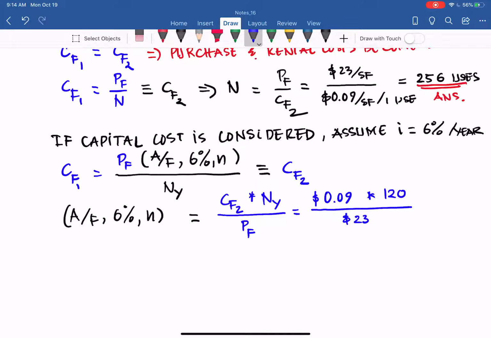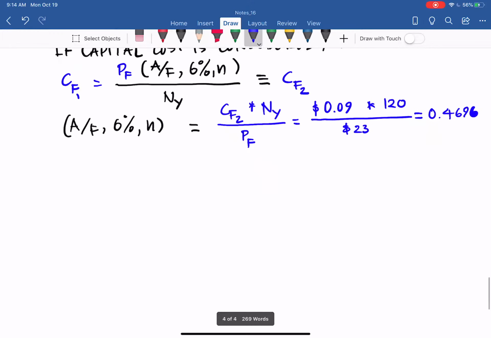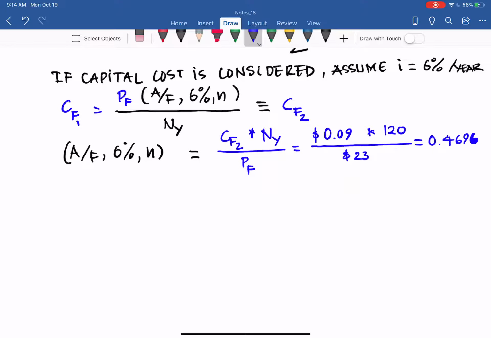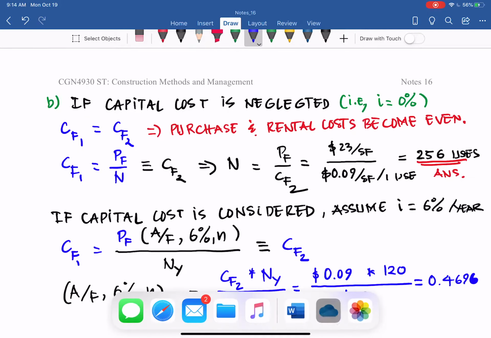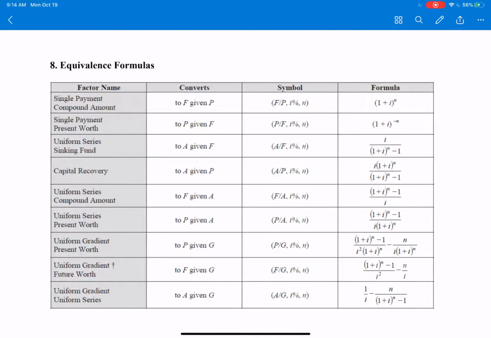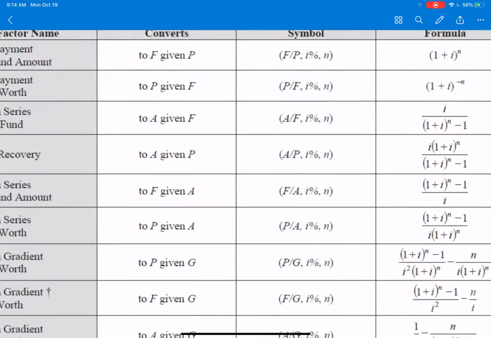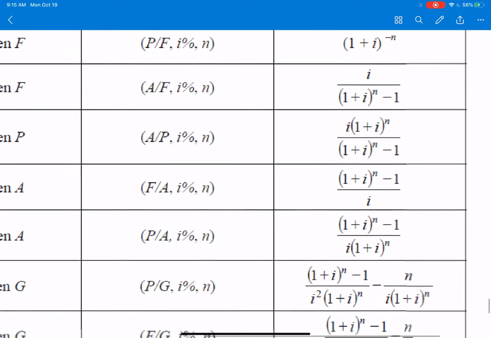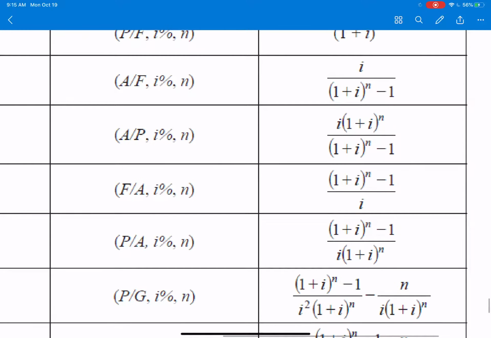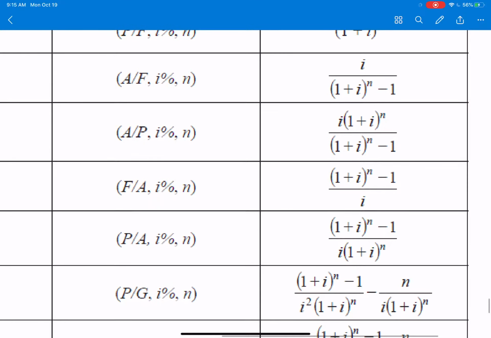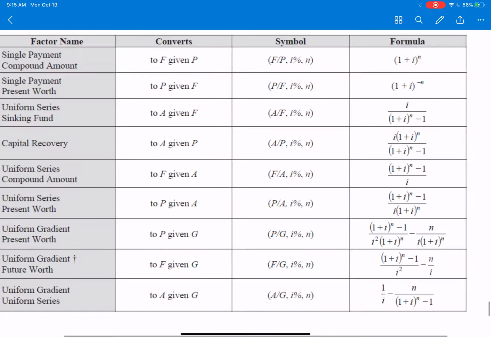This number is equal to 0.4696. Then with that factor A over P at 6%, if you go to the last page of your final exam reference, given P to A, we have that equal to I(1 plus I) power n over (1 plus I) power n minus 1.